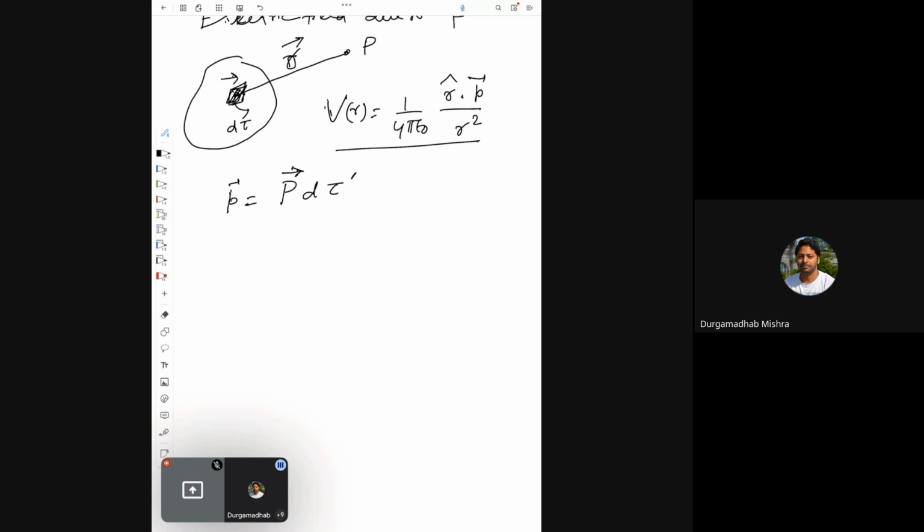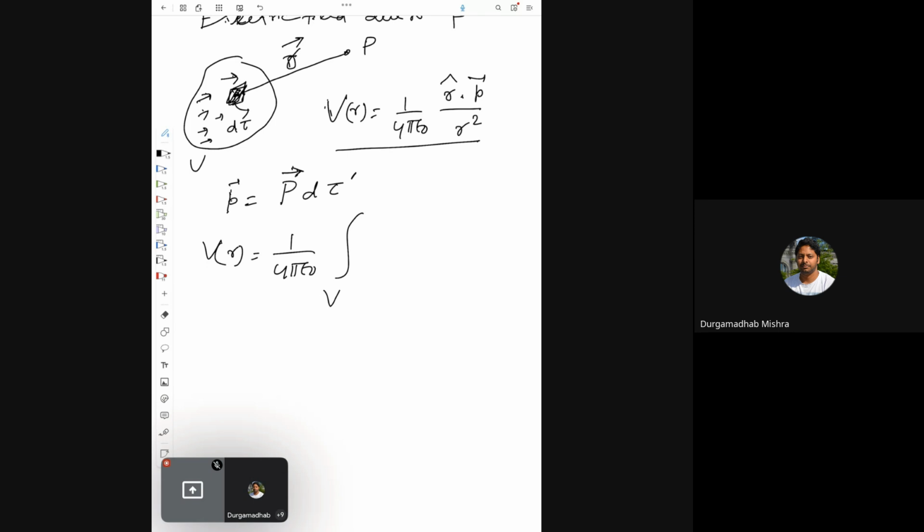So if I multiply by the volume, I'll get the dipole moment. Then if I substitute that and integrate over the whole volume here, I will get the total, since I have many such dipoles here, okay?